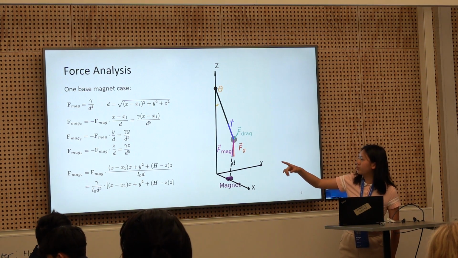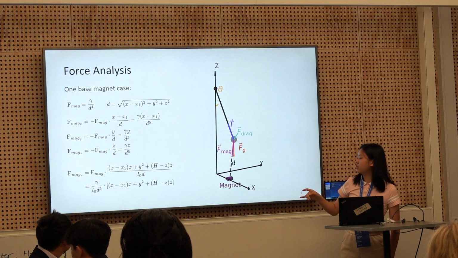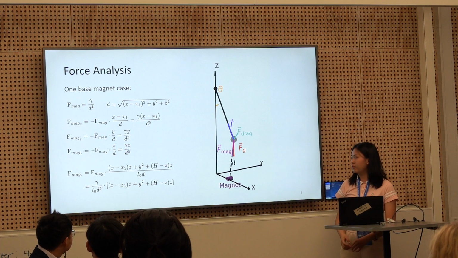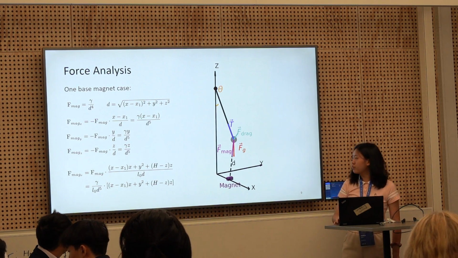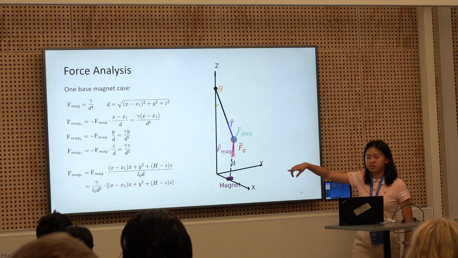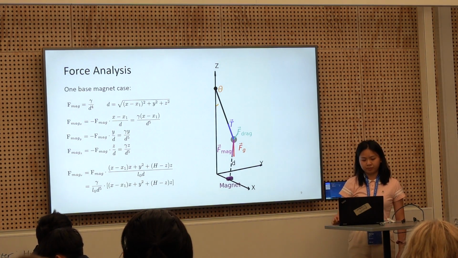And we project the 3 forces on x, y, z direction in order to put them in the equation of the motion. And we also project the magnetic force along the string, which helps us to calculate the tension.